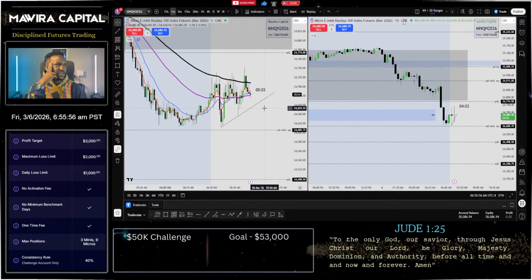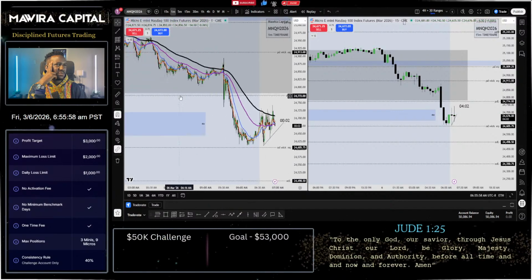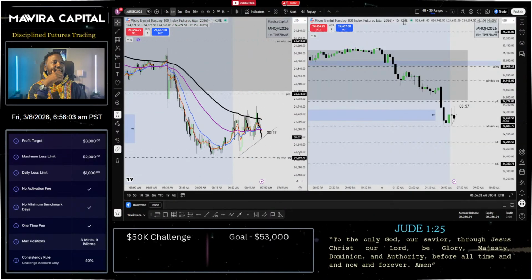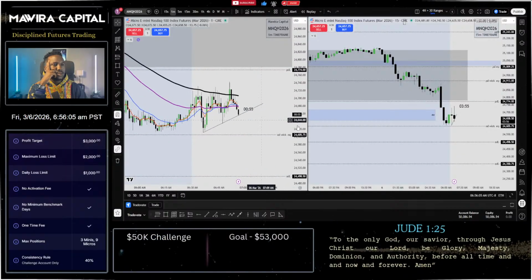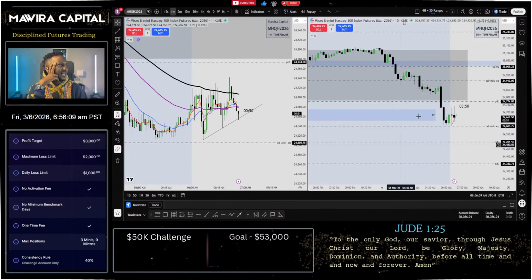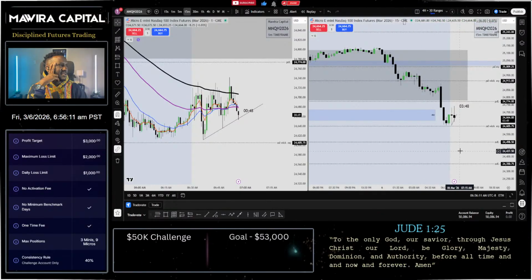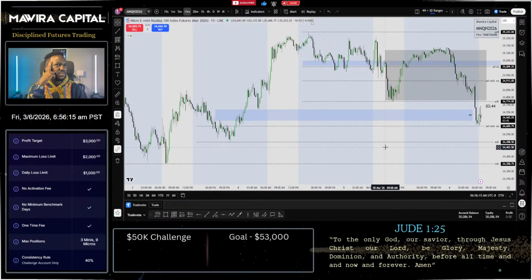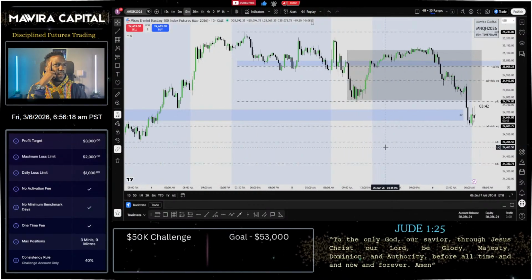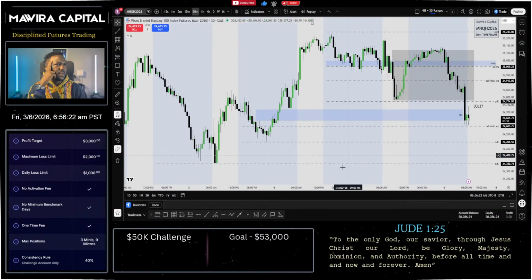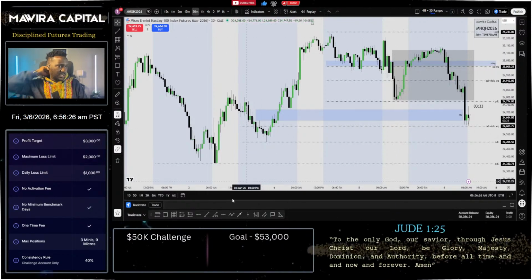Looking good for another short, but we've already. What is the probability? I'm not confident taking this setup because I don't have a higher time frame backing that I like to see. Or maybe there's something I'm missing. Well, in terms of zones, this right here is a zone, and here's another one.